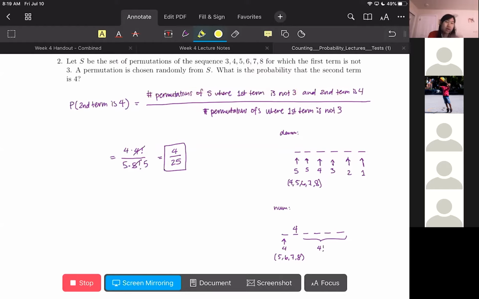So instead of adding, we want to take the ratio to find the probability. I'm not sure, was that your question? Yes. Did that answer your question? Okay, cool.